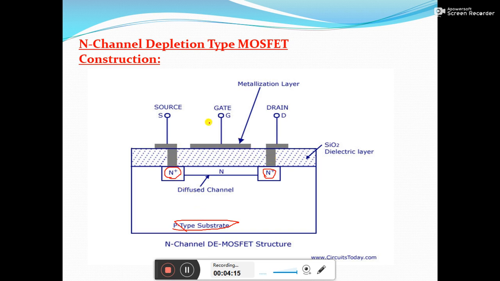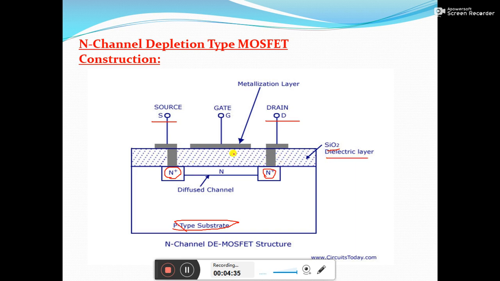One is brought out as source, indicated by S. Another is brought out as drain, indicated by D. On this entire setup, an SiO2 layer is grown or deposited.